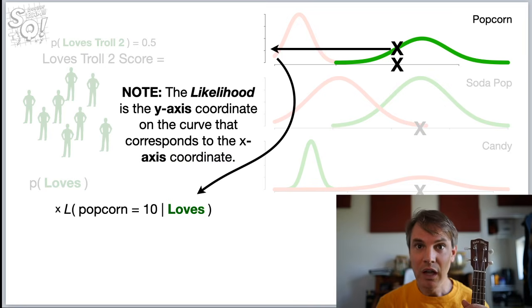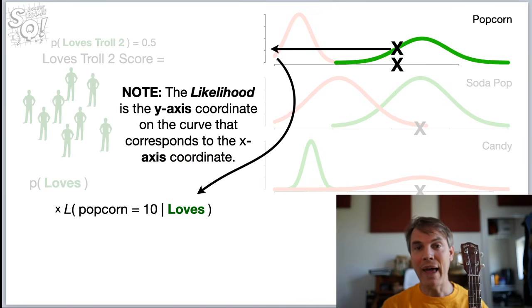And note, the likelihood is the y-axis coordinate on the curve that corresponds to the x-axis coordinate. So you can see we start on the x-axis at 10 grams, and we go up to the curve, and bam, that's where we intersect the curve, and we just figure out what the y-axis coordinate corresponds to.